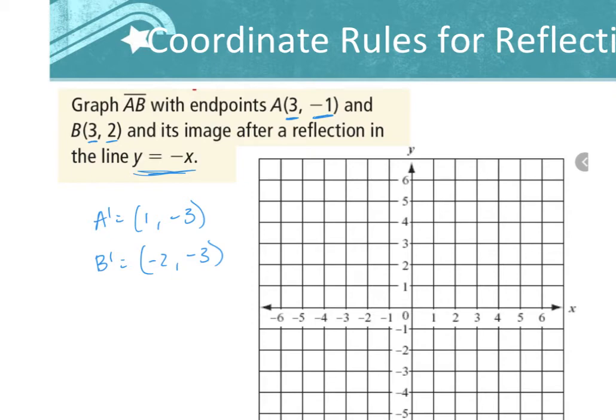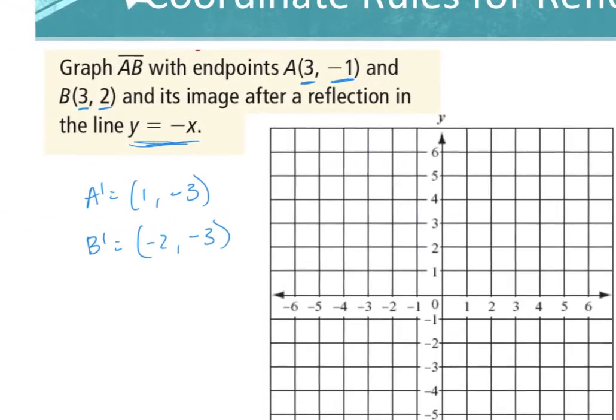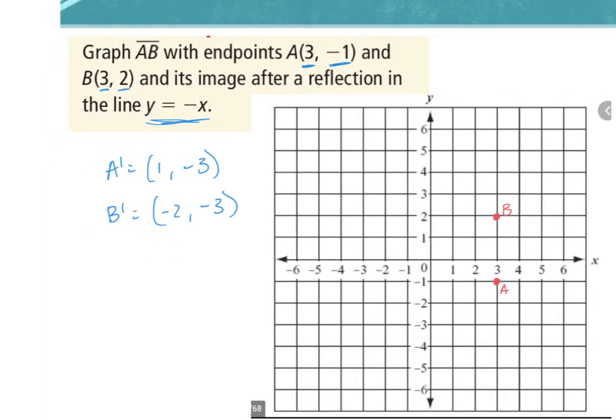All right, and then we just plot them all, okay? So our first point, which is A, regular A, not A prime, is going to be (3, -1). That's right here. This is A. Our second point is (3, 2). That's up here. That's going to be B. And our line of symmetry, let's go ahead and plot that as well.